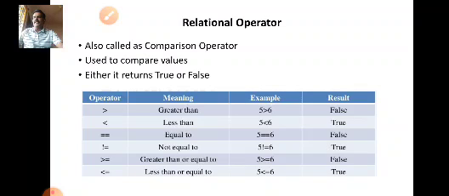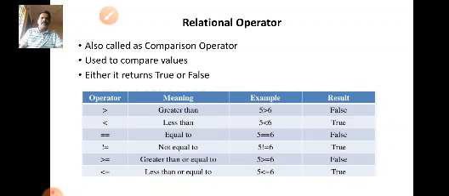Next operator is the relational operator. We use this operator for comparison of two numbers, so it is called a comparison operator. Use it to compare values. It returns either true or false.